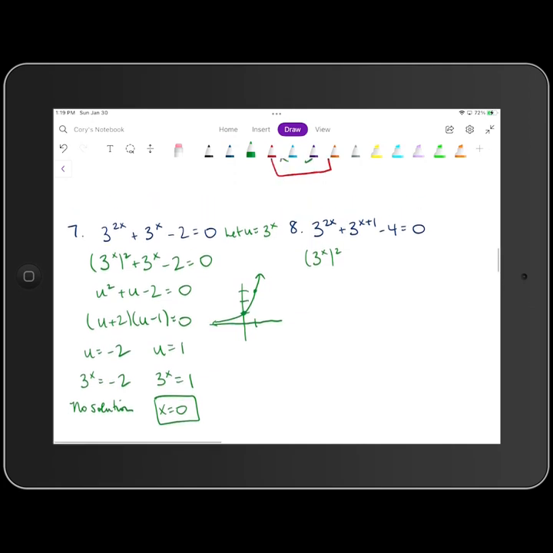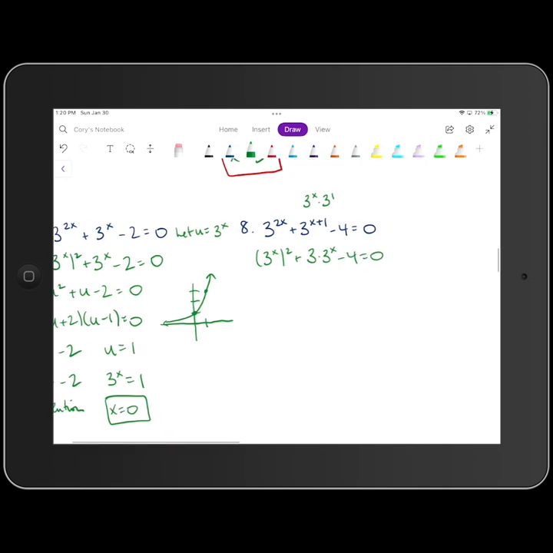When you look at that middle term, 3 to the x plus 1 power, when do we add exponents? Well, we add exponents when we multiply two exponents that share the same base. So that middle term, 3 to the x plus 1 power, we could think of as 3 to the first power times 3 to the x power, minus 4 is equal to 0.